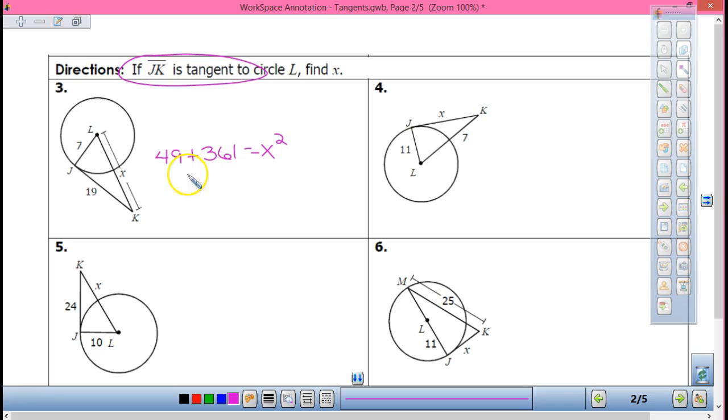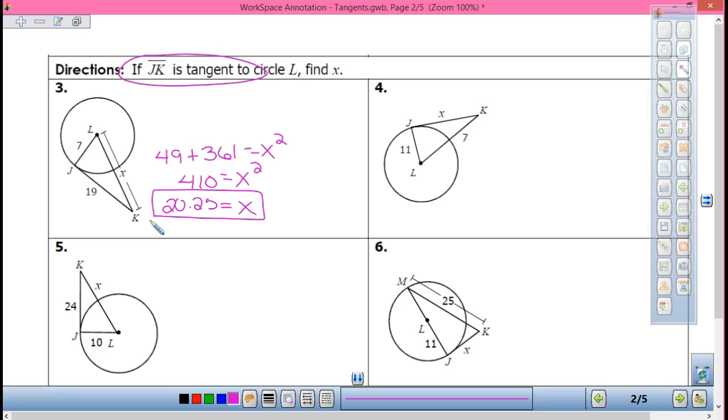We get 410 equals x squared, so x is 25. Does everybody agree? Anybody disagree with that rounding?